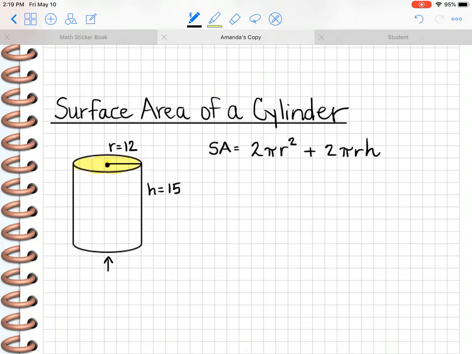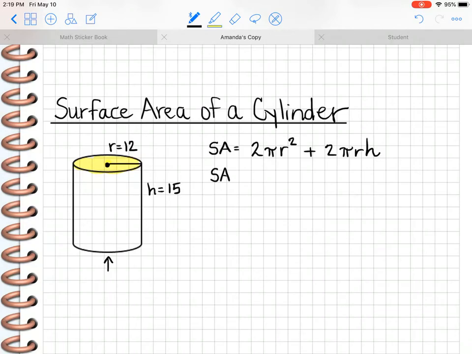This is not a baby formula. It says that surface area equals 2 times pi times the radius squared plus 2 times pi times radius times height. And we're going to have to fill in these values before we can go any further.